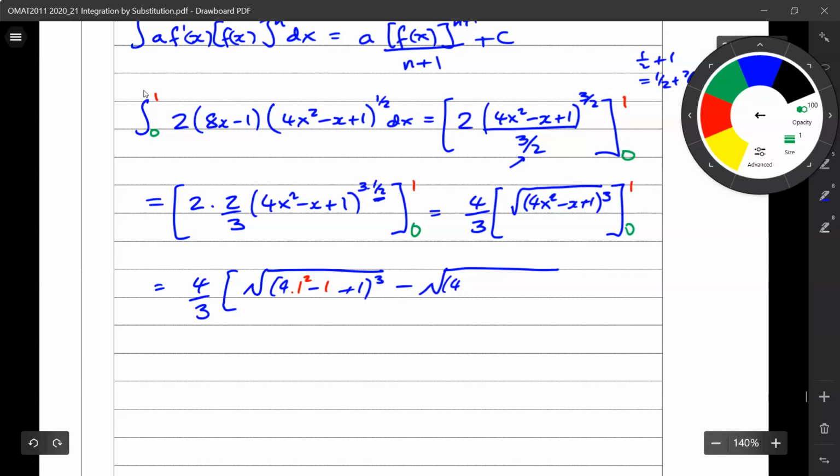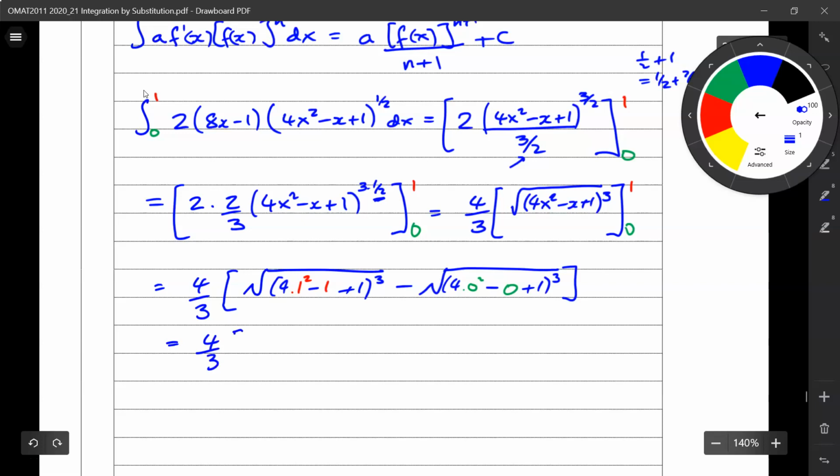And here I'm putting in 0 squared minus 0 plus 1, and all of that to be cubed. So we put in the upper and lower limits. The next step then is to evaluate it on the next line.